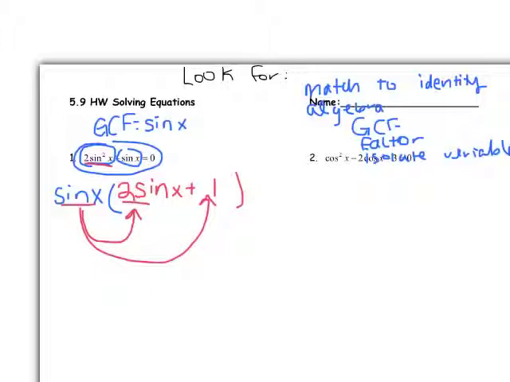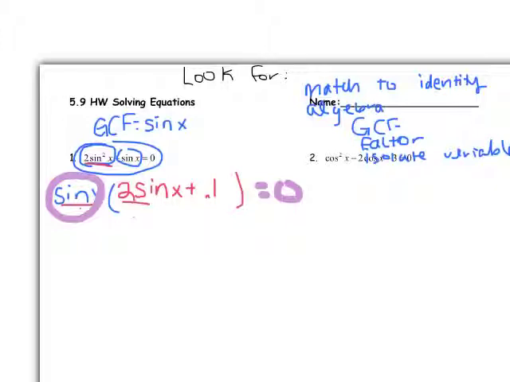Now, algebraically, whether you're doing greatest common factor or regular factoring, the point of factoring is always to solve. So what we do to solve is set each factor that you just found equal to 0. Here's a factor, sine x, and we set it equal to 0.